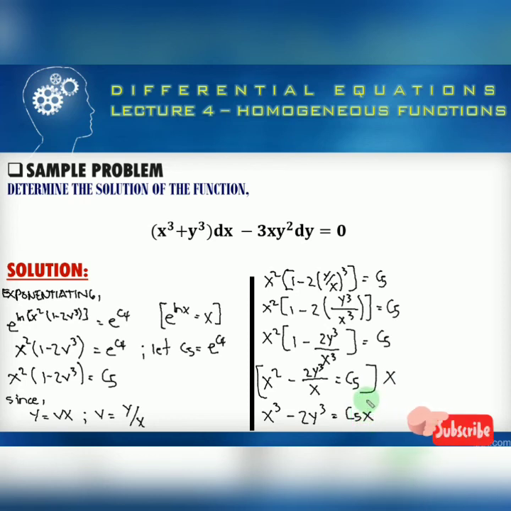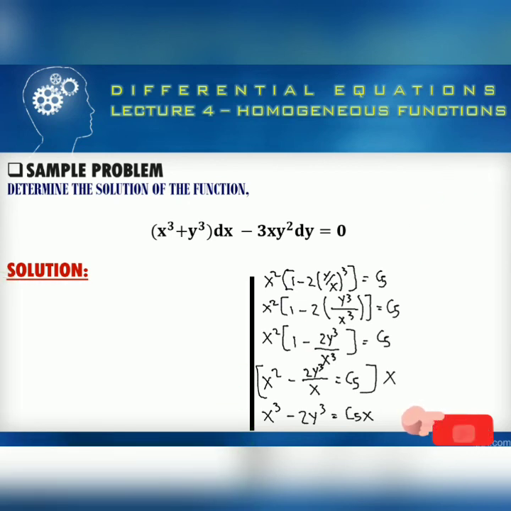Let us assign C equal to C5 as our final constant. So from here, x cube minus 2y cube is equal to C times x.